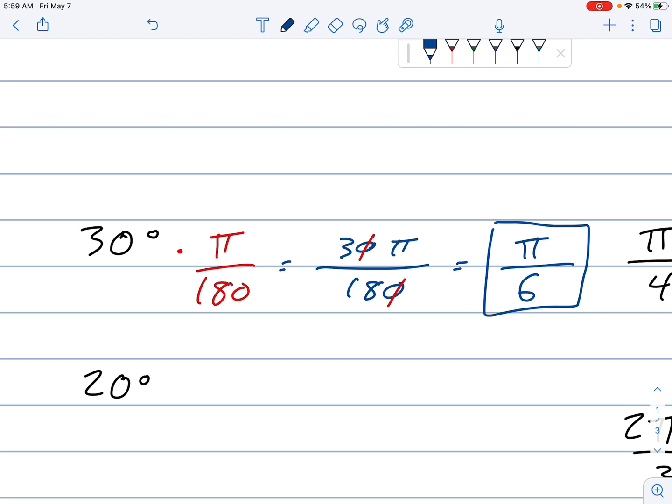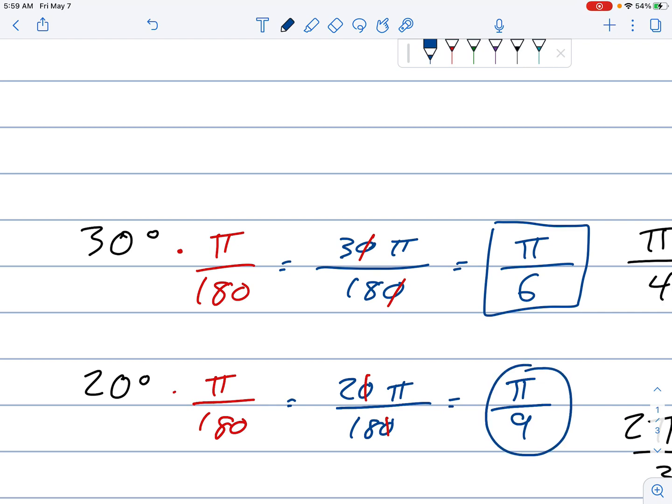Obviously, no calculator. 20 degrees times pi over 180. Now, 20 degrees isn't an important degree to us, but we still have to know how to do it. Right? And here's pi over, well, zeros cancel. 2 over 18 is pi over 9. There's my answer. So pi over 9 is 20 degrees.